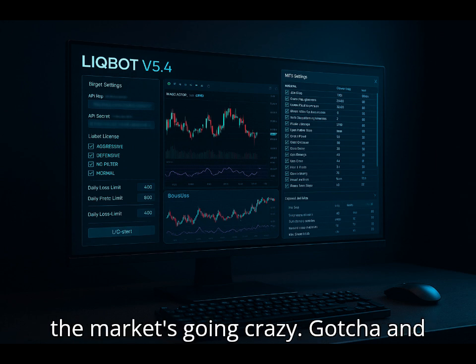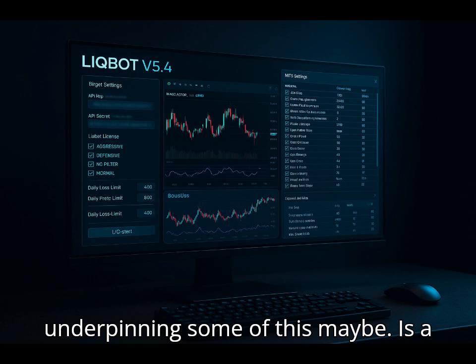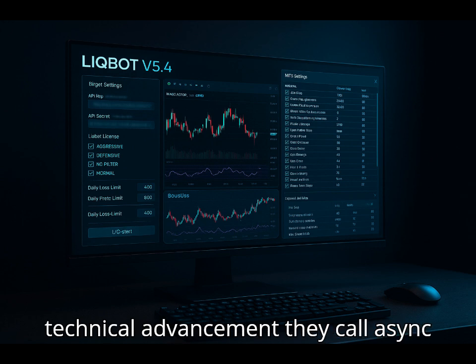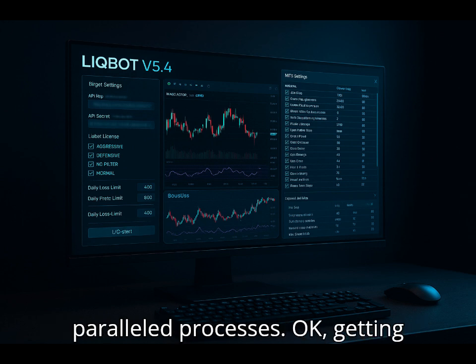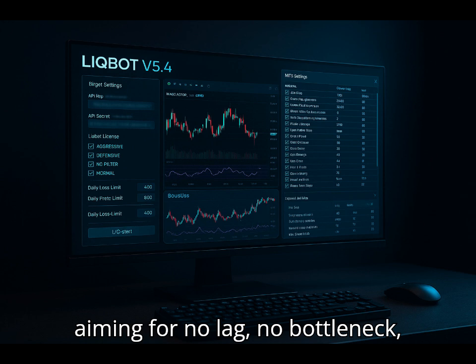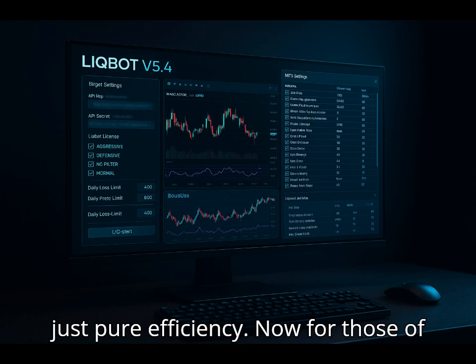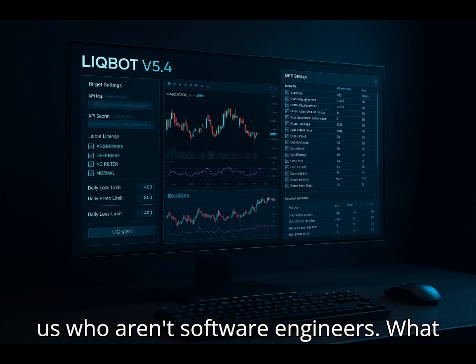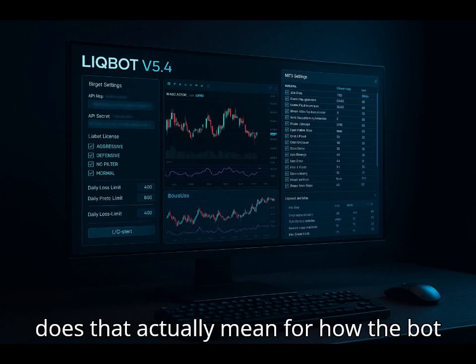Gotcha. And underpinning some of this, maybe, is a technical advancement they call async parallel processes. Okay, getting technical now. Yeah, the material says the bot thinks and acts in parallel, aiming for no lag, no bottleneck, just pure efficiency. Now, for those of us who aren't software engineers, what does that actually mean for how the bot performs? Right.